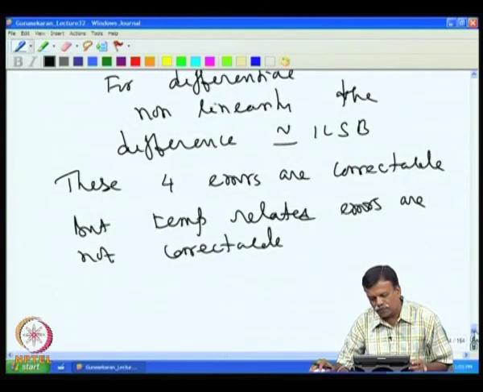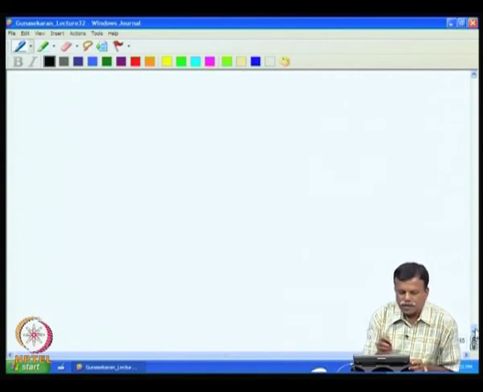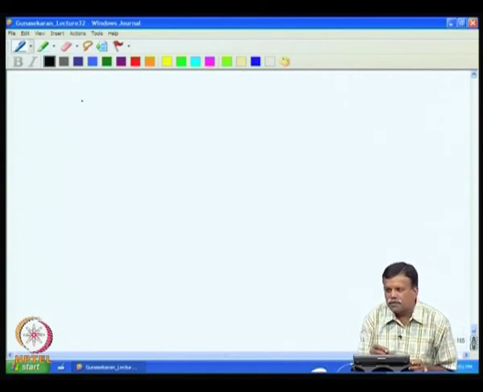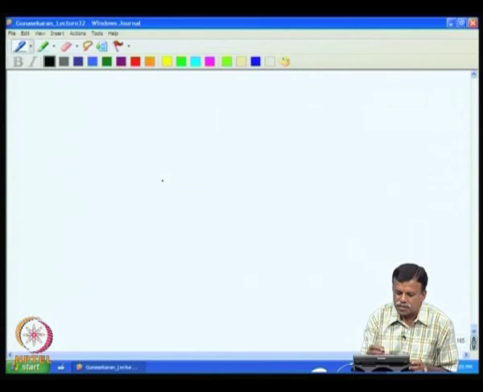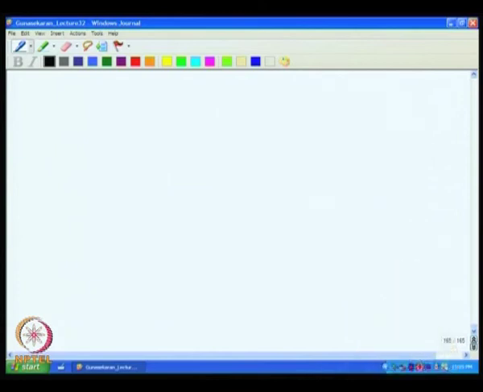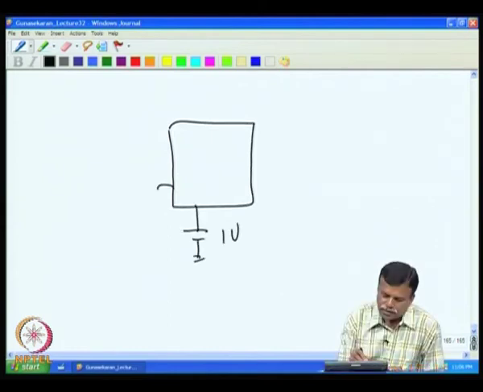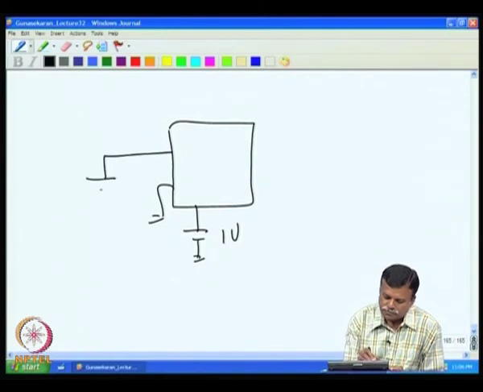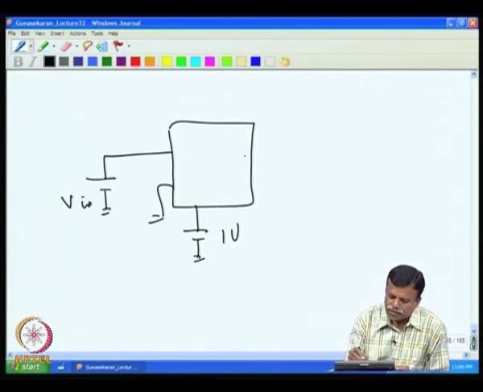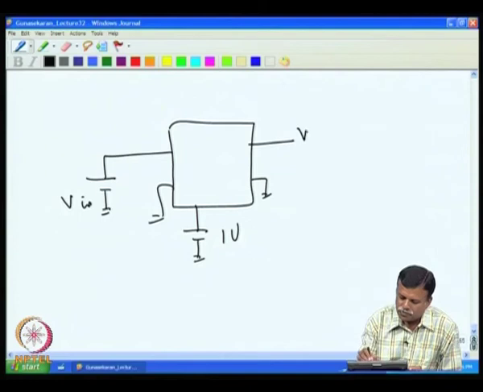For example, if I have an A to D converter which has 1 volt reference, then 1 volt will be the analog expected output voltage. Now, let us see how these errors come into picture in a real converter. For example, we take an A to D converter which has 1 volt reference, and I have a V input here, and then you have a V output.